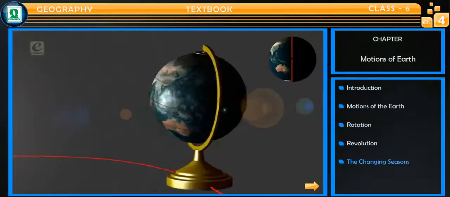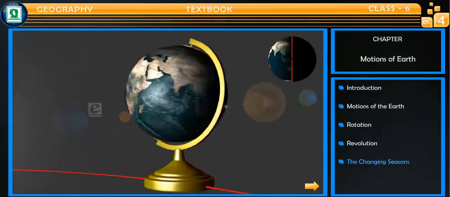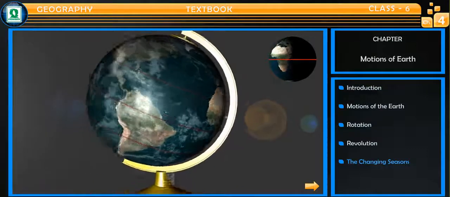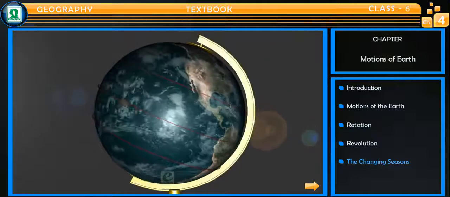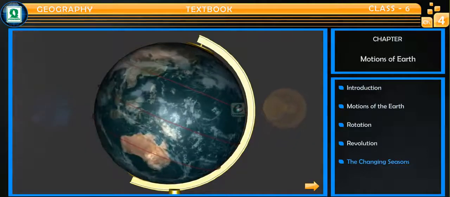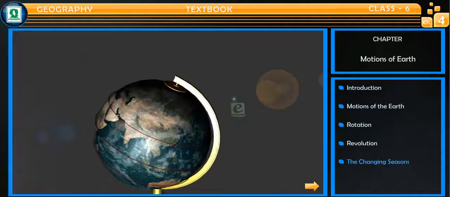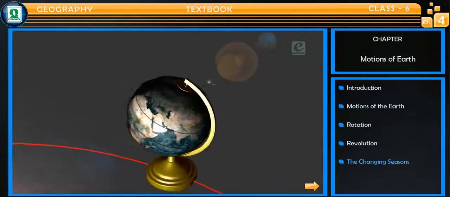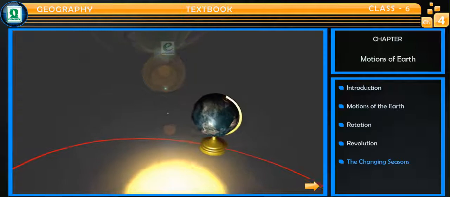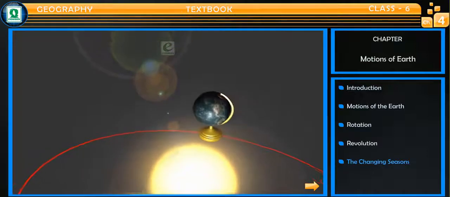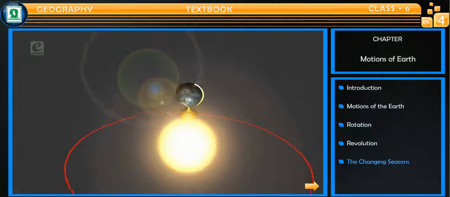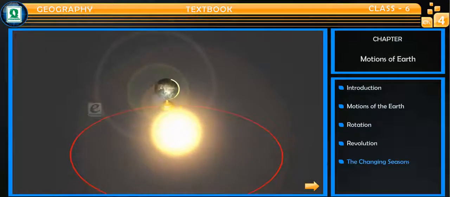So both hemispheres receive equal amount of light and heat. All the places have equal days and nights. It is spring in the northern hemisphere and autumn in the southern hemisphere. The angle of the sun decreases towards the poles. After this, it is spring in the northern hemisphere when the days are longer than the nights. In the southern hemisphere, it is autumn when the days are shorter than nights.